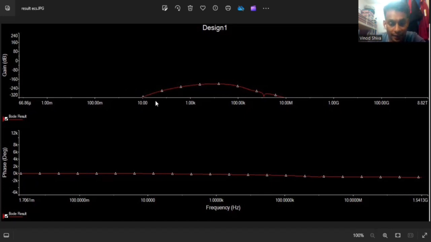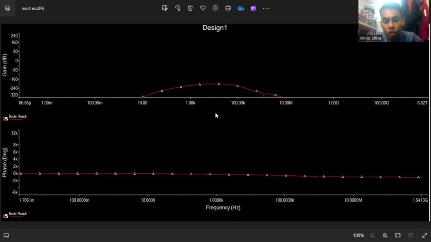Coming to the x-axis, it's a logarithmic scale representing the frequency in hertz, spanning from around 66.86 microhertz to 8.82 gigahertz. So the frequency scale covers a wide range from very low frequencies, which is sub audio, to very high frequencies, which can be radio frequencies.